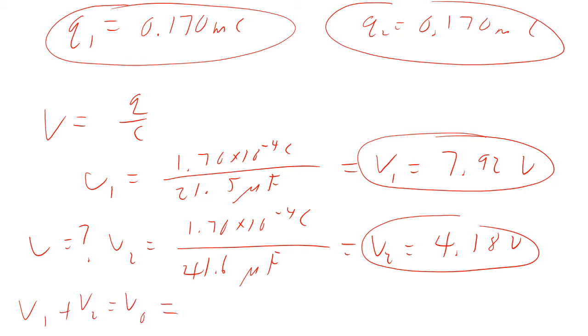That should be 12 volts. So when I add these up, I get 12.1 volts. That is correct to within rounding error. Remember, that last digit is your least significant digit. It's a 0.1. Well, least significant means that could equally be a 0.0 or a 0.2. So that means that this is correct within rounding.